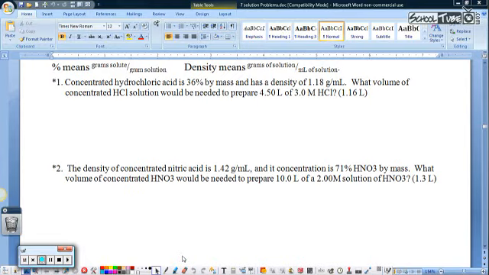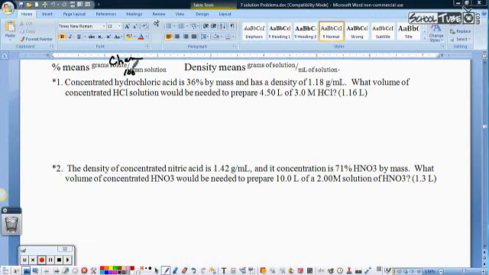Now, first of all, I talked to you about when you have percentage by mass, that it's grams of solute, that's grams of the chemical, over grams of solution, and that's 100 grams of solution. It's a specific number of grams of solution.